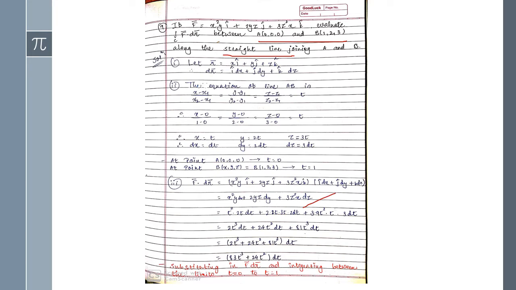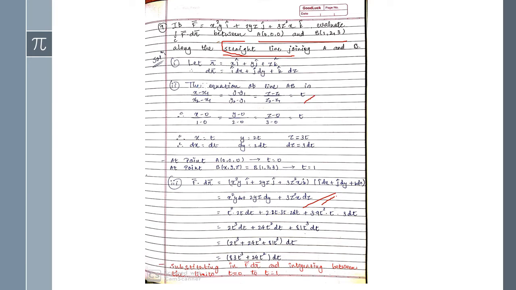You can do till here. Okay, now next, you need a curve, for that you have to use this along the straight line, that is, you have to write the equation of this line. So we know all these equations, that (x minus x1) upon (x2 minus x1) equals (y minus y1) upon (y2 minus y1), and the same for z, equals t.